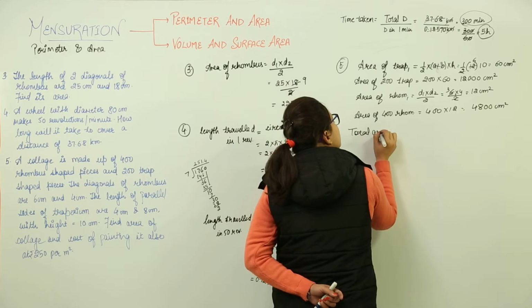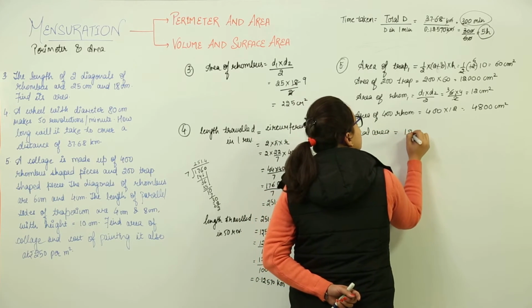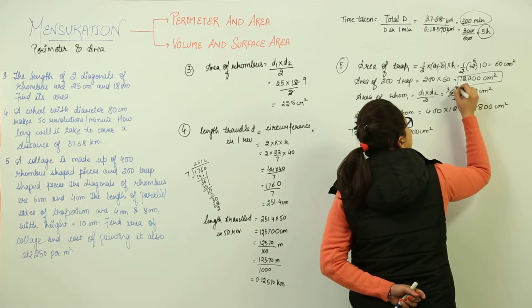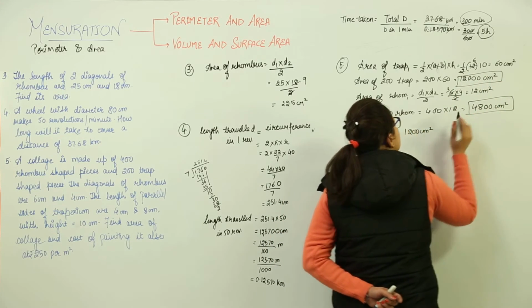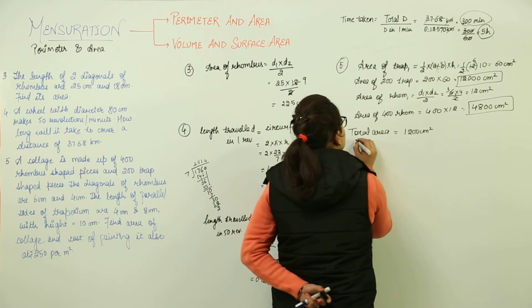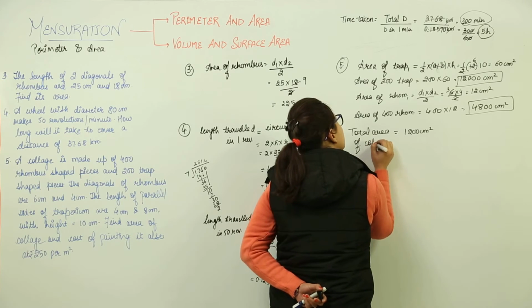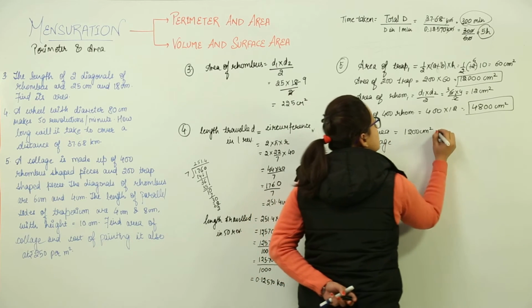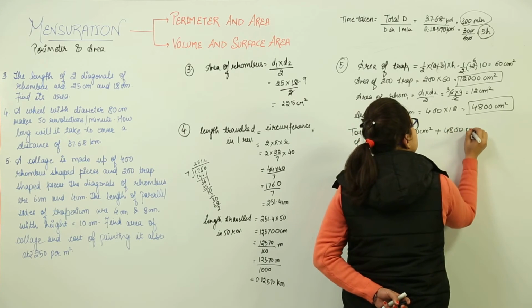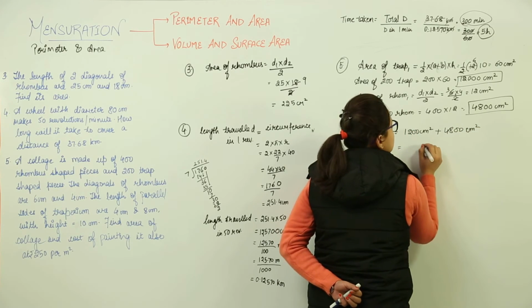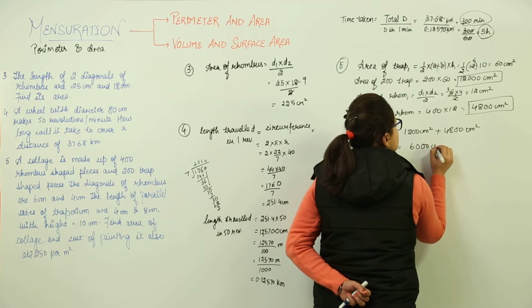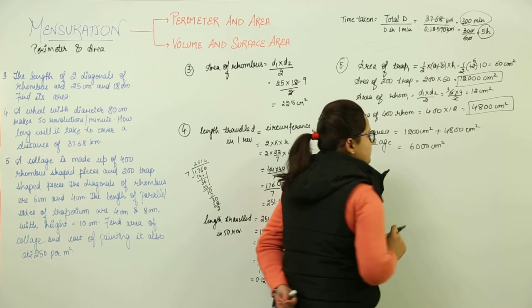This total area plus this total area will give us the total area of the collage. Now we get 12,000 centimeter square plus 4800 centimeter square, equal to 16,800 centimeter square.